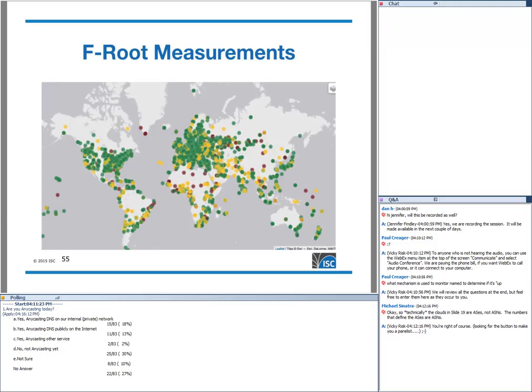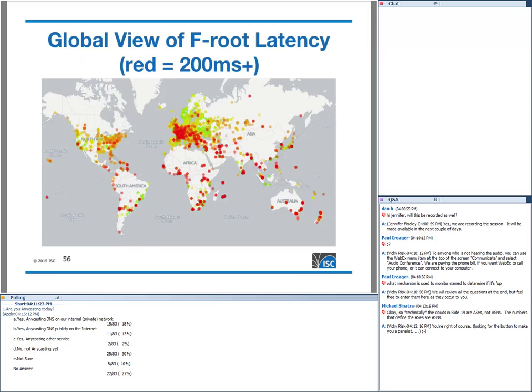Next slide, please. So Ray Bellis here at ISC is our research fellow. Earlier this year, he looked into F-root performance, and the reason he was looking into it is to see how we were doing today, how we could improve it, and potentially where we may want to look at adding new sites in the future to try to lower the round trip time for DNS requests to the root.